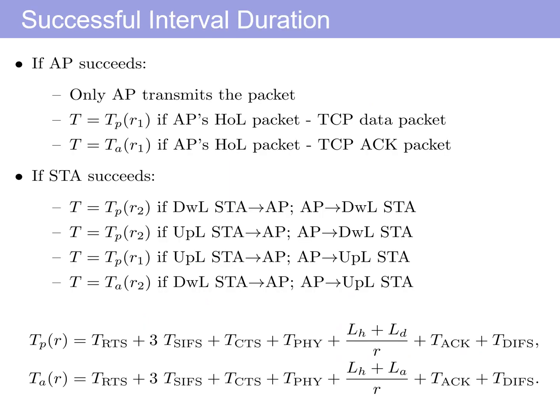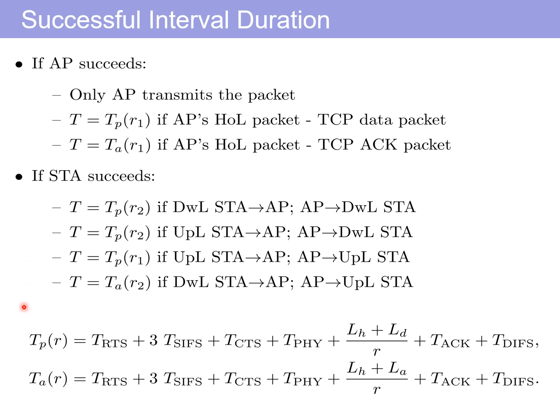As mentioned before, the renewal duration during a successful event depends on the nodes involved in the uplink and in the downlink. If the AP succeeds in accessing the channel, it is the sole transmitter. Therefore, the renewal duration T is TPR1 if the AP transmits a TCP data packet and TAR1 if it transmits a TCP ACK packet.